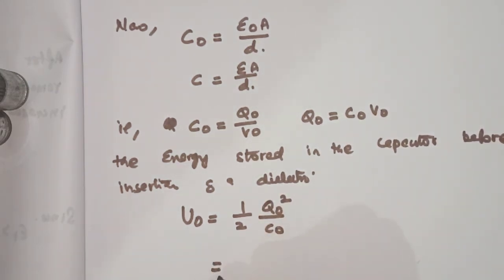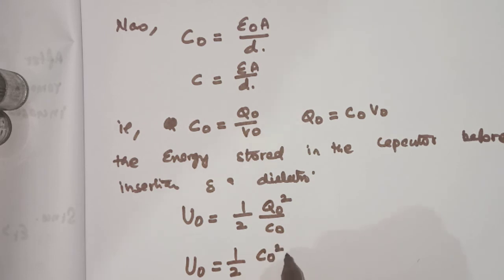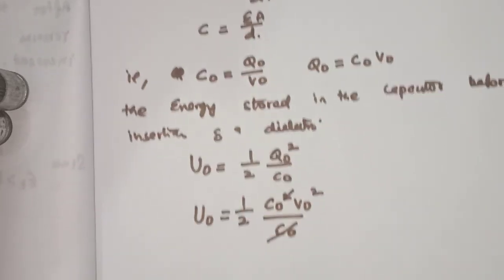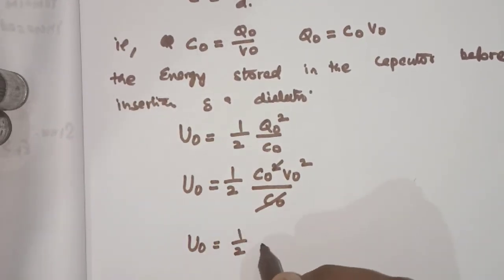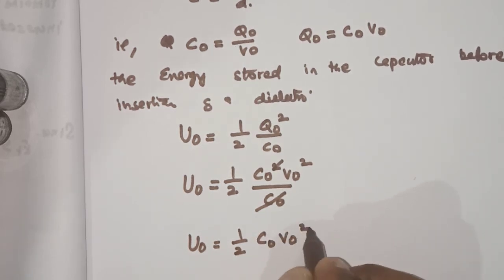So I am substituting the value of Q naught here. U naught equal to half C naught square V naught square divided by C naught. This one value cancels. Therefore, we get U naught equal to half C naught V naught square.